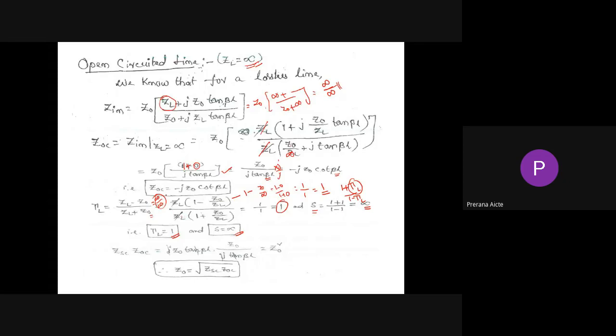Now, while multiplying these open circuit and short circuit impedances, ZOC into ZSC: ZSC is equal to j Z naught tan beta L, and ZOC is Z naught divided by j tan beta L. So j cancels and tan beta L cancels, then it becomes Z naught square.